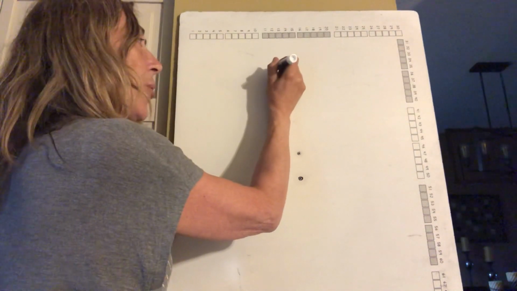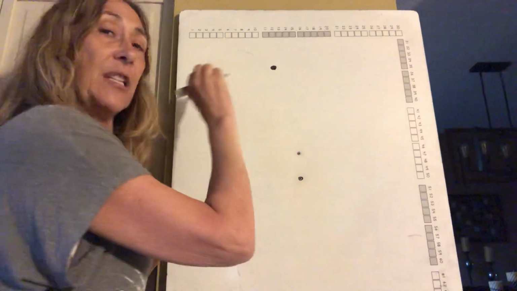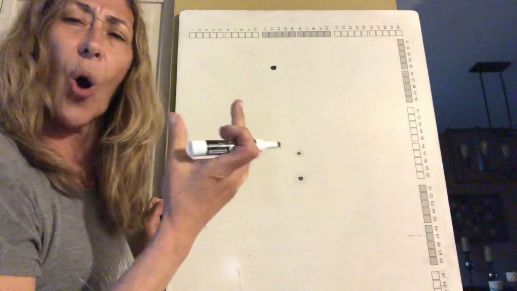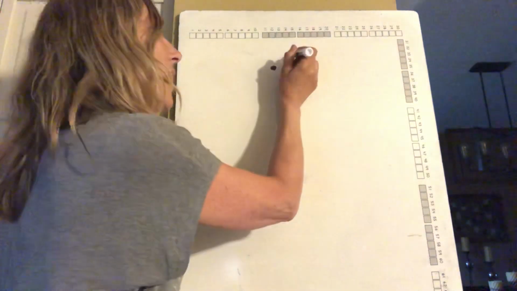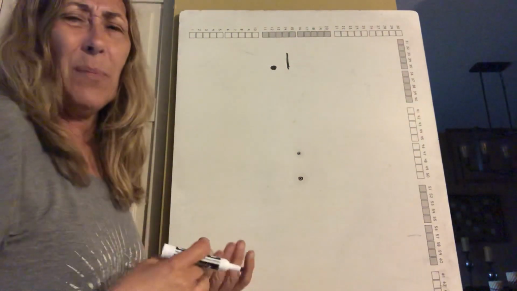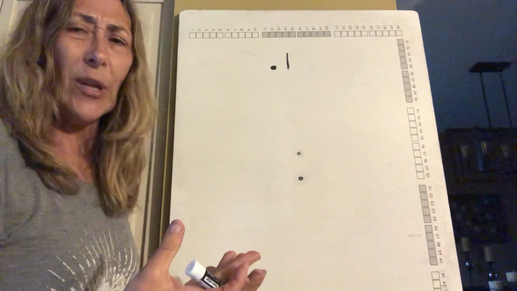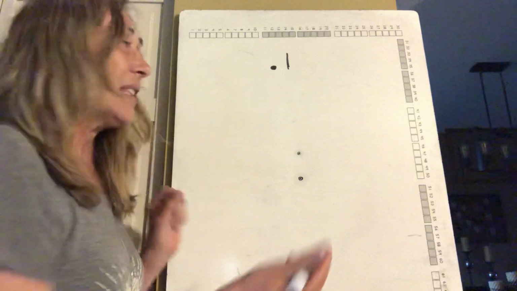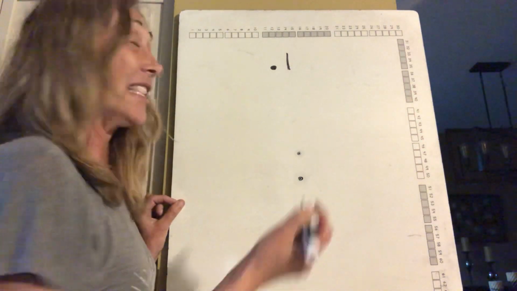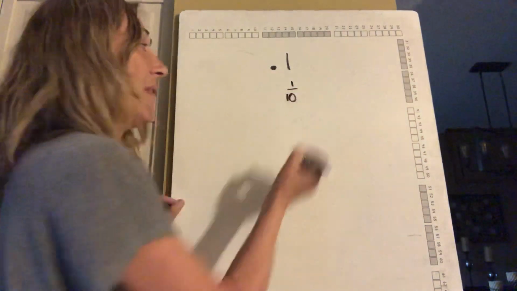Here's my decimal point. And every time I'm going to the right, it's fractional pieces or parts of the whole. If mine had just a decimal point and a 1, some people would say 0.1, but we like to get away from that and say, I would read this as 1/10.